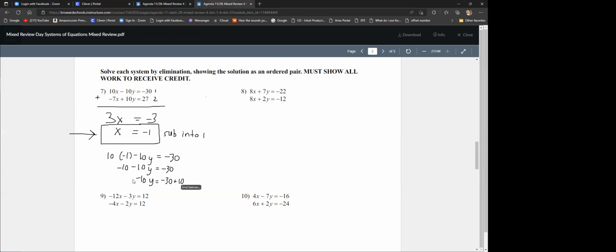So what's -30 plus 10? -20. So y equals what? Divide both sides by -10, y equals 2. There's your x, there's your y. So -1, 2. There's your ordered pair, right?